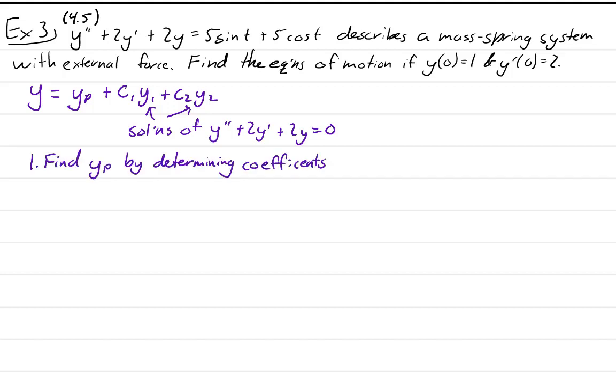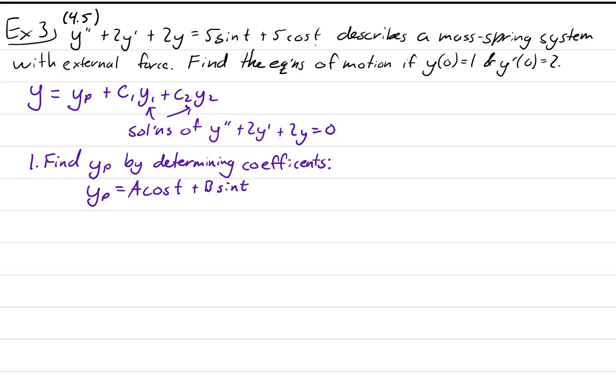And here that means finding the a and the b so that yp equals a times cosine t plus b times sine t. I picked that because that's the general form when you have something sine of t plus something cosine of t, which we went over in 4.4.